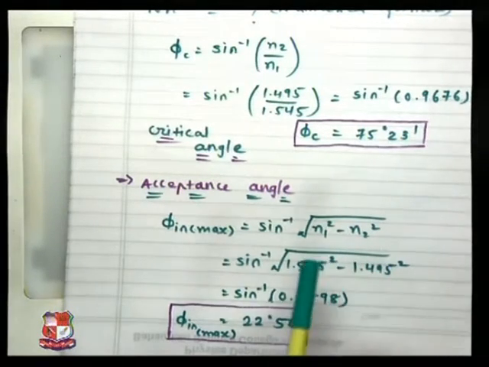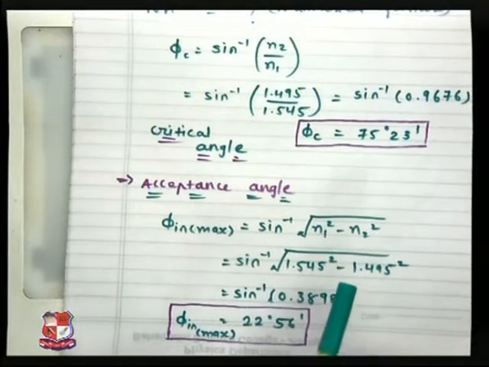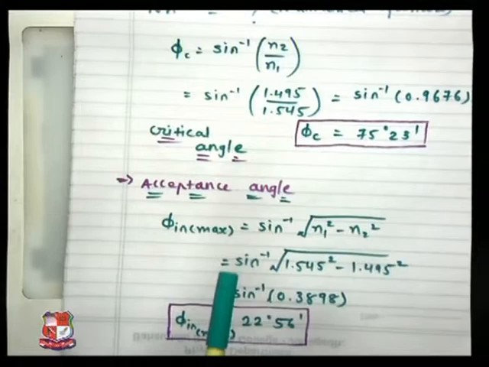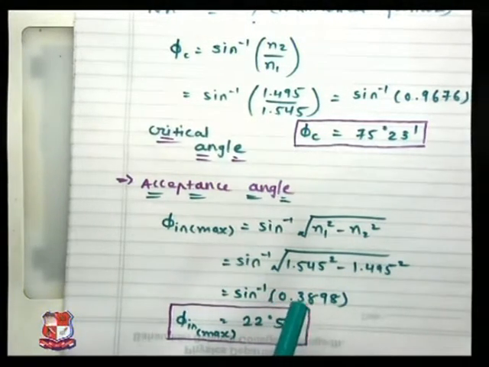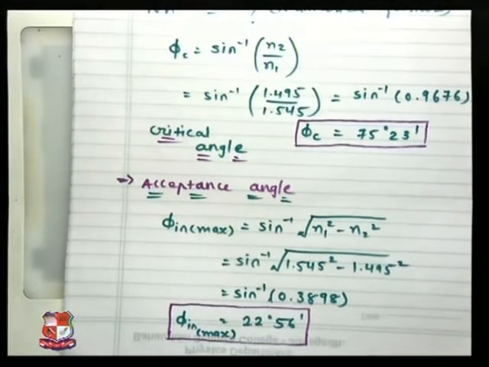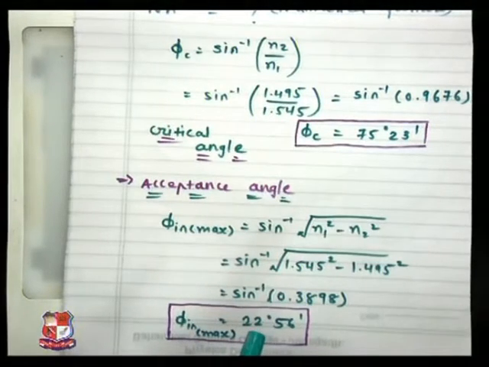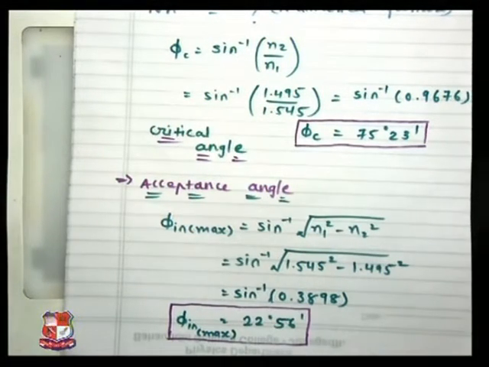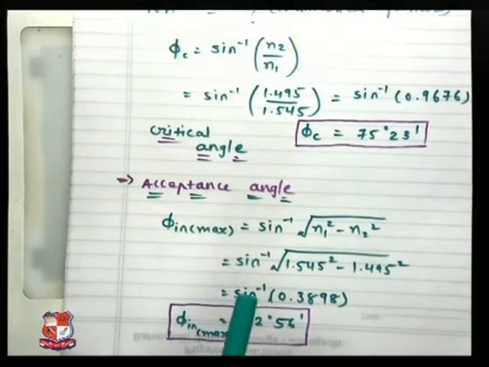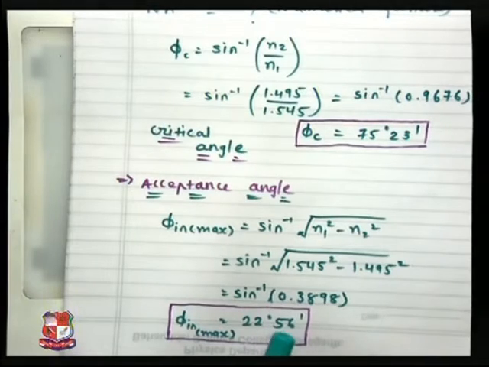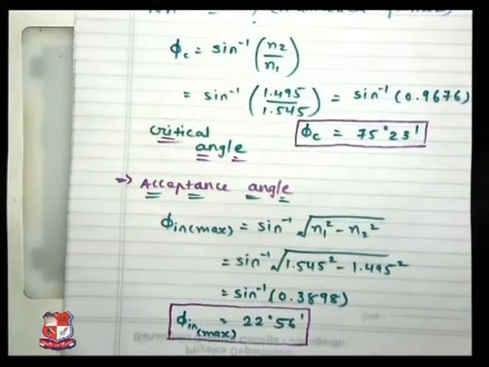While substituting the values of eta 1 and eta 2, that is 1.545 square minus 1.495 square, and taking the under root, we obtain the value 0.3898. Phi in maximum we get is 22 degrees and 56 minutes. So through this equation, phi in maximum is equal to sine inverse under root eta 1 square minus eta 2 square, we can calculate the acceptance angle.